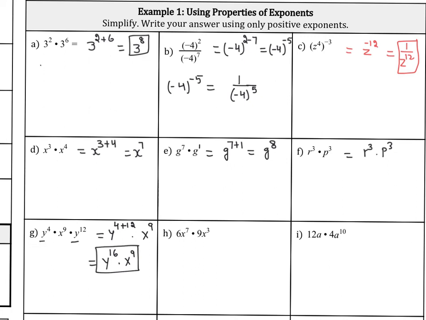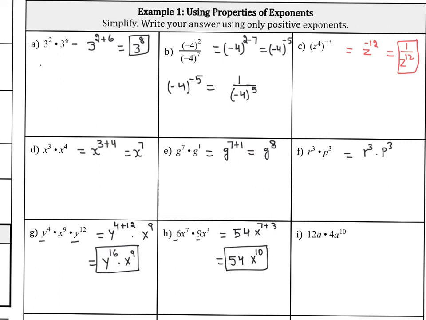For letter H, you're going to multiply the 6 and 9, and 9 times 6 is going to be 54, and x to the power 7 plus 3. So that's going to be 54 x to the power 10.